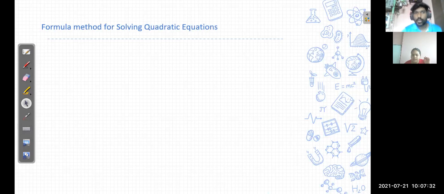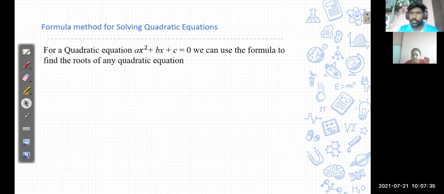The formula method to solve quadratic equation. So here you can use the general form of the quadratic equation. A quadratic equation can be in this form: ax² + bx + c = 0. And we can use a formula to find the roots. Roots means solution of any quadratic equation. If you see in completing square method, to use that method, our x² coefficient has to be 1.